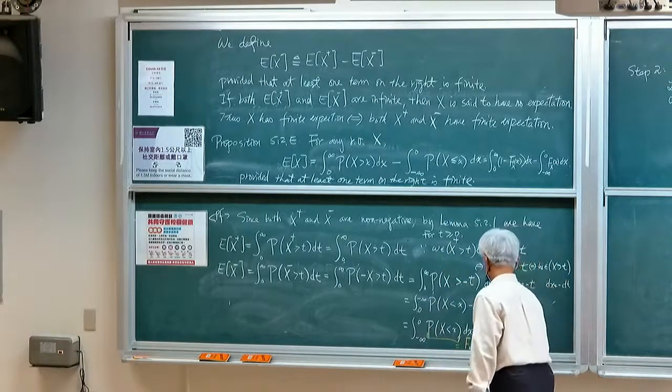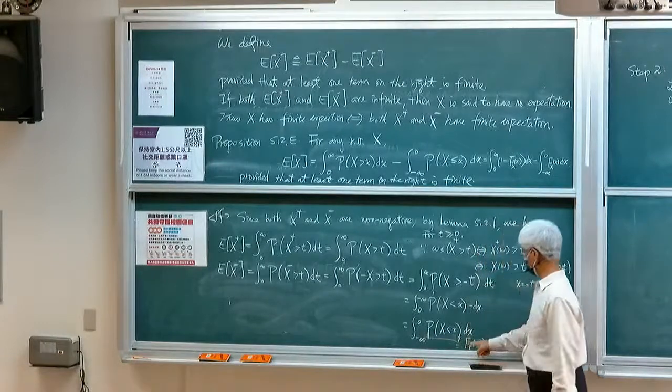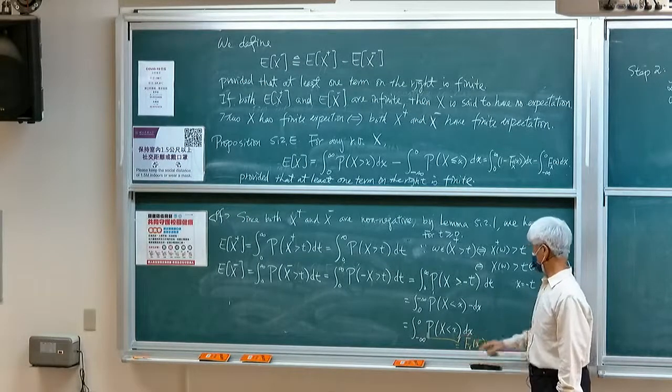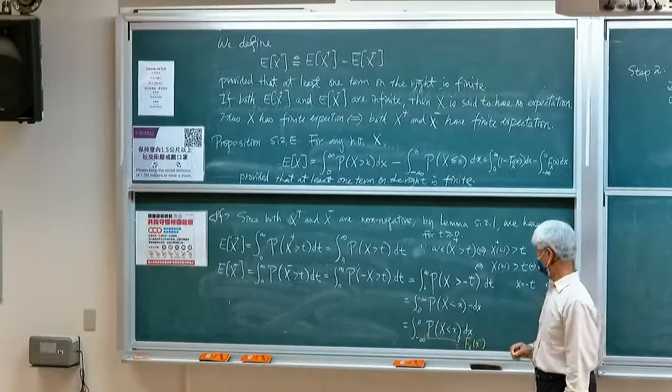So this is F of minus x. So you have to take the left limit. So it's not a good one, right? It is not a good one.